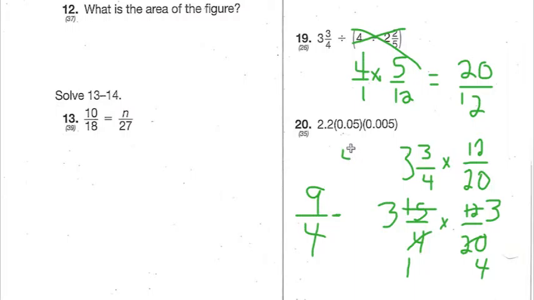I find that out by saying 4 goes into 9 twice. 4 times 2 is 8, right? So I have 2 wholes, and if I say 4 times 2 is 8, 9 minus that 8 is 1, and so my answer is going to be 2 and 1/4. Circle my answer because I got a big sloppy mess.